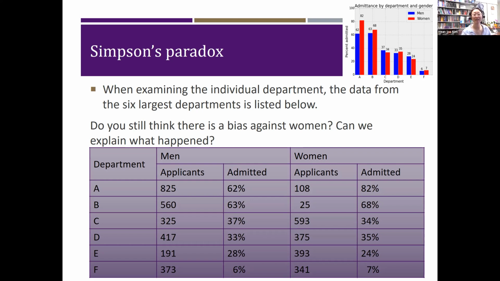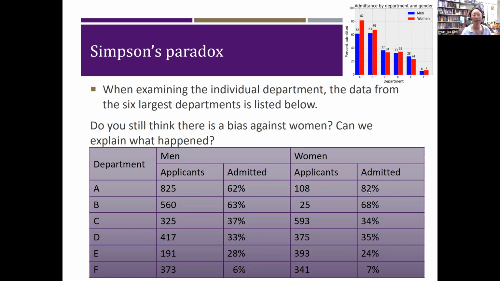So what's this hidden factor that's causing all this mischief? Take a look at the first and the last row of the column, Department A and Department F. You'll notice that Department A has a pretty high acceptance rate, especially for women at 82%.